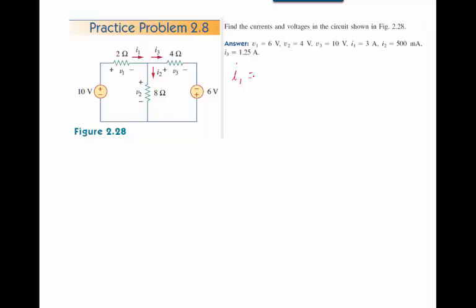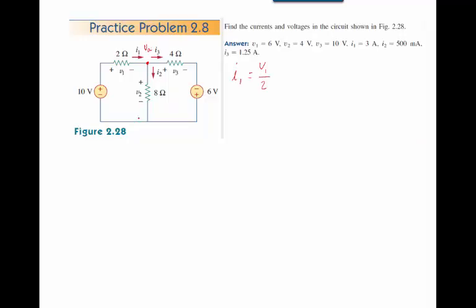So I1 equals, if I'm going to say Ohm's law, V over R, right? So I1 is the voltage across the resistor, voltage 1 over 2 ohms. But it turns out I can know voltage 1. I'm going to make a definition right here. I'm going to call this node voltage at A to help me out.